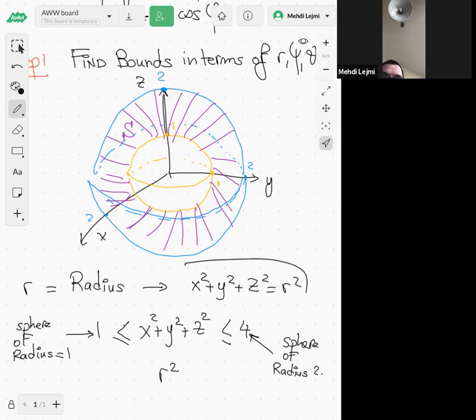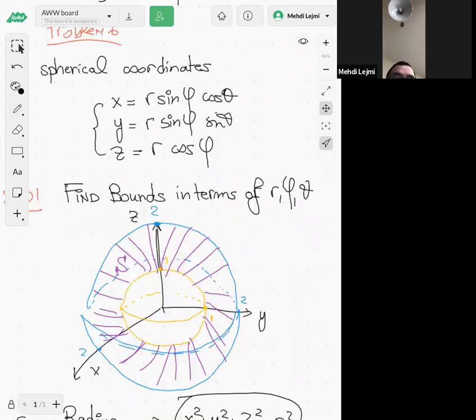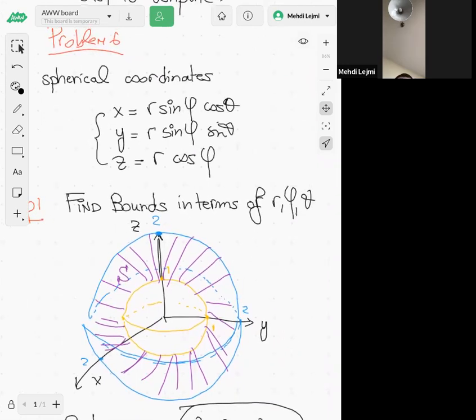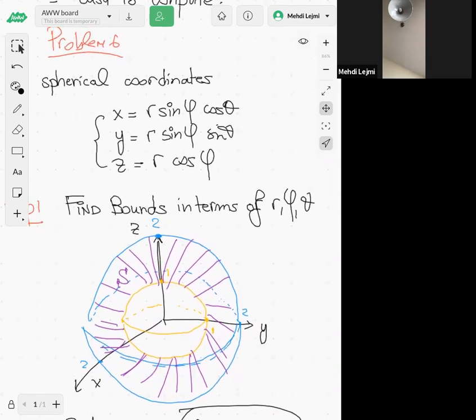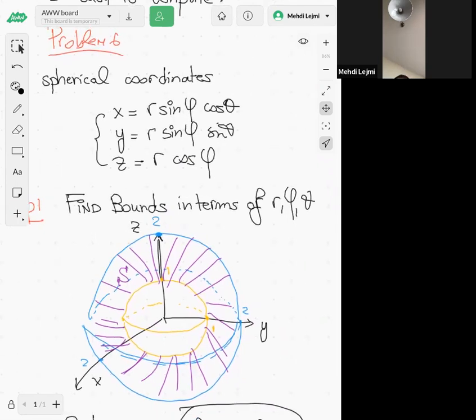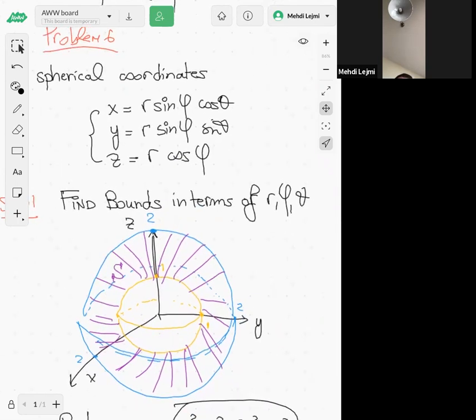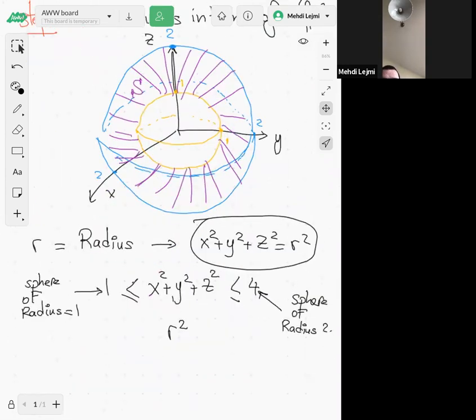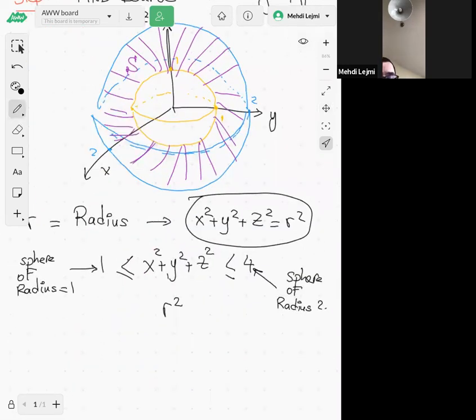Spherical coordinates are like polar coordinates: in polar coordinates, x squared plus y squared gives r squared. So this is the three-dimensional version of polar coordinates. So r squared is between 1 and 4. In other words, because r is the radius and is always positive, r is between 1 and 2.